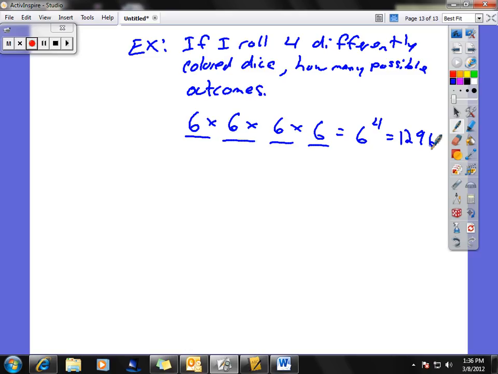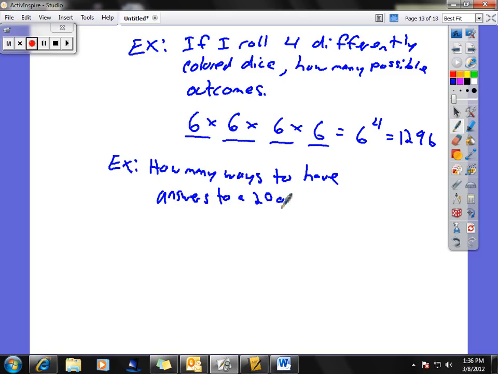Here's another example. How many ways are there to have answers to a 20-question true-false test?